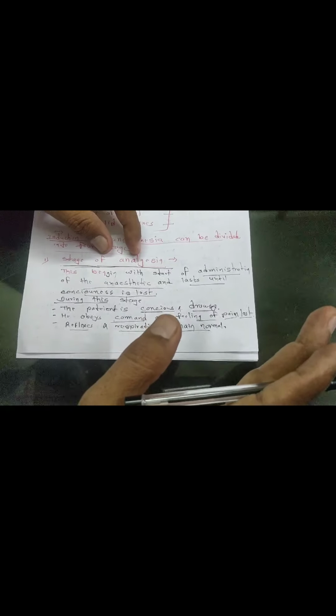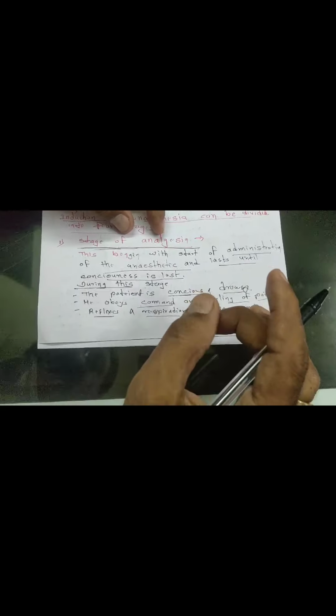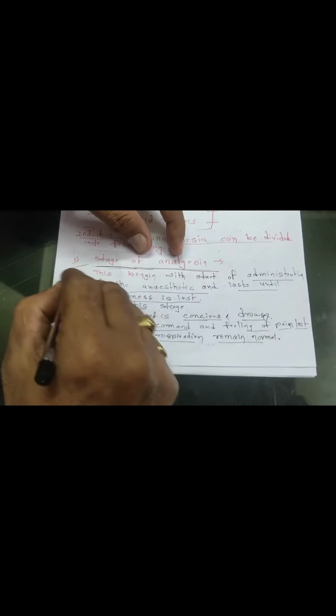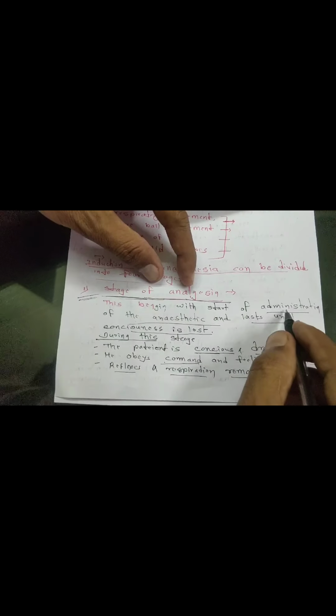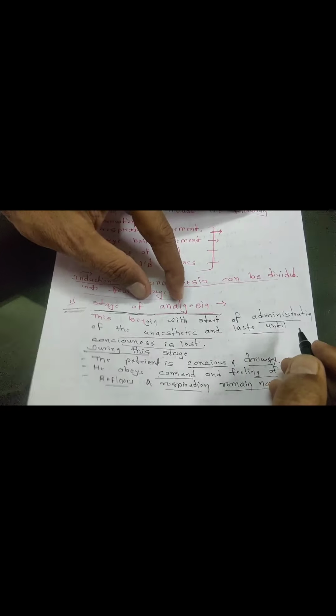The patient goes into the operation theater, and before the doctor starts the operation procedure, the anesthesia is administered. He asks your name, address, what you are doing. You can say all these things, and slowly you lose consciousness, though you obey the commands. During that stage, pain is lost, and reflex and respiration are normal.